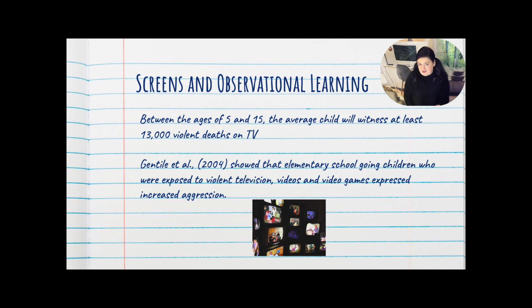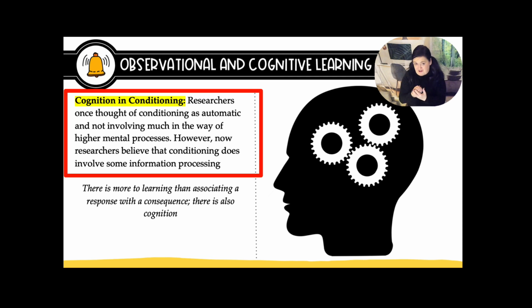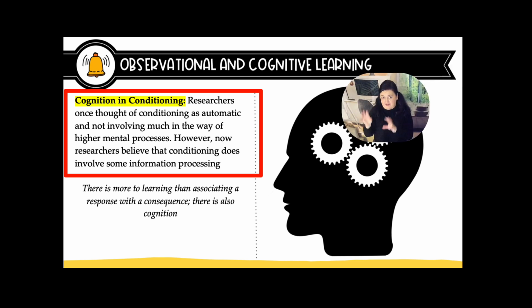Cognition and conditioning: researchers once thought of conditioning as automatic, not involving much in the way of higher mental processes. However, now researchers believe that conditioning does involve some information processing. It does have something to do with who we are as human beings, as people with separate personalities.